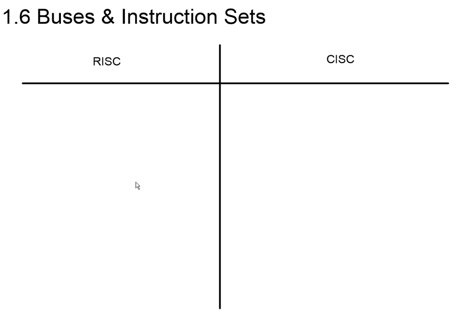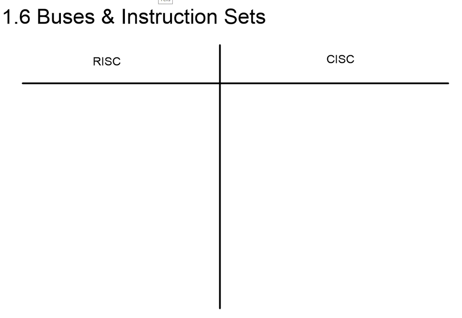Okay, so instruction sets. An instruction set is a list of the instructions that a CPU can process in the FDE cycle. They're split into 2 types: RISC, which is reduced instruction set computer, and CISC, which is complex instruction set computer.